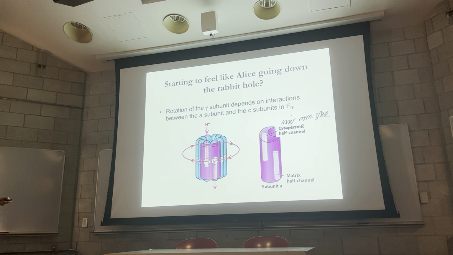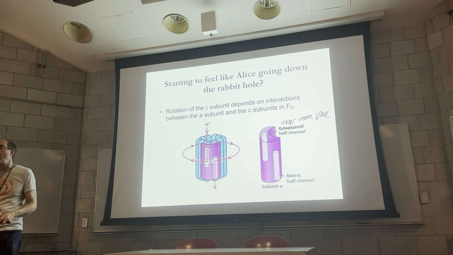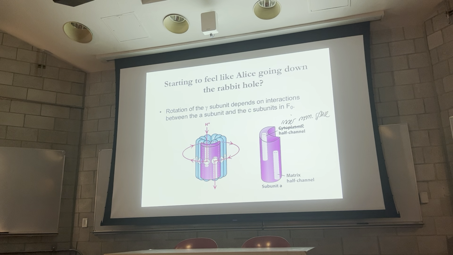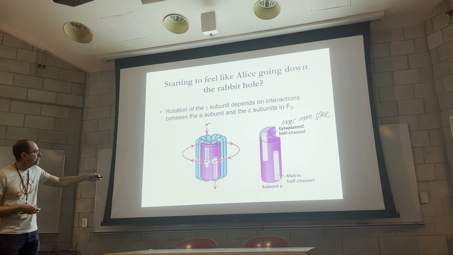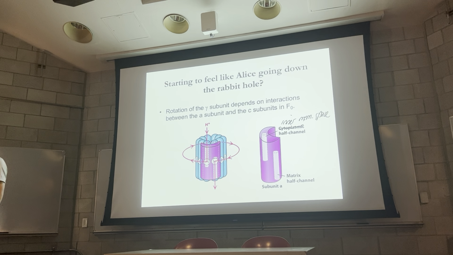The flow of protons down that channel will end up resulting in the interaction of this half channel with a proton binding site on the C ring. Each subunit of the C ring is going to have an aspartic acid residue that is capable of either being protonated or deprotonated. When it's facing this half channel, it gets protonated. When it's facing this half channel, it gets deprotonated.